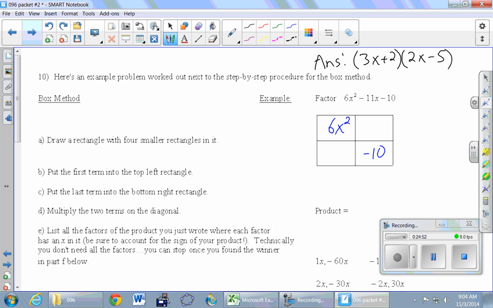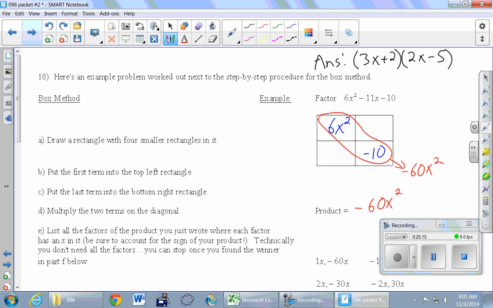So part D says multiply the two terms on the diagonal. So let's go ahead and multiply these two together. And what do we get? We got negative 60x squared. So I'm going to write that here where it says product equals negative 60x squared, right? So what does that mean if we multiply the two blanks together?